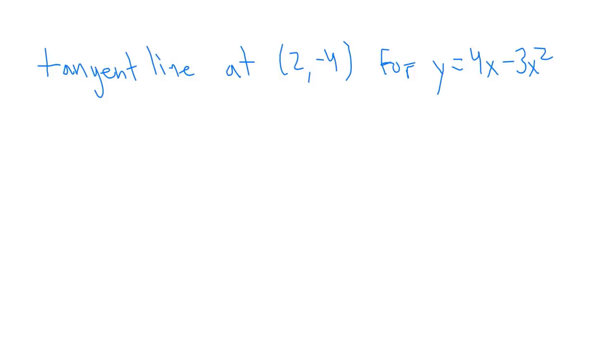And in order to do this, you need to use your definition of the derivative at a point specifically. So we have the limit as x approaches a of f of x minus f of a over x minus a. And you just need to memorize this equation.